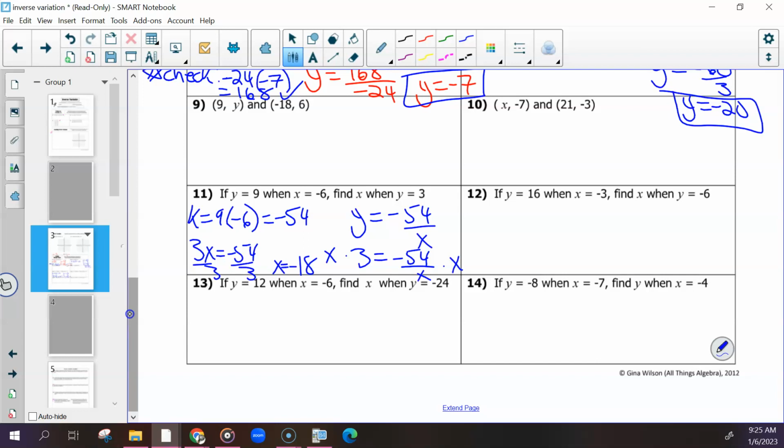And then more so when you're solving for x than when you're solving for y, the check process, go back and see, does it work? So if you multiply negative 18 and 3, you get negative 54 to get our k value, so that works.